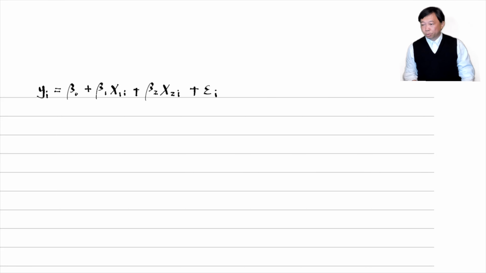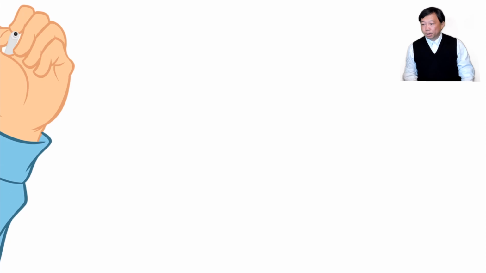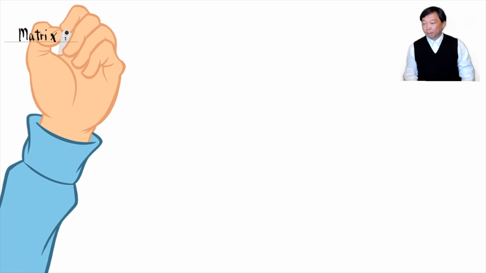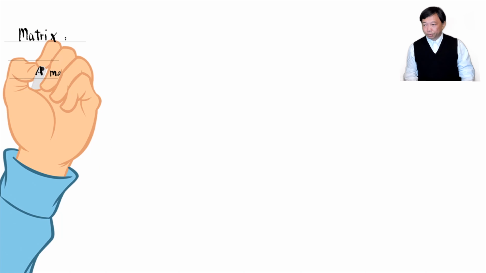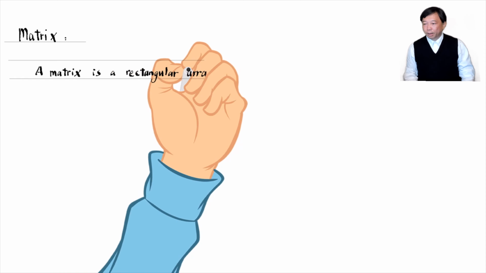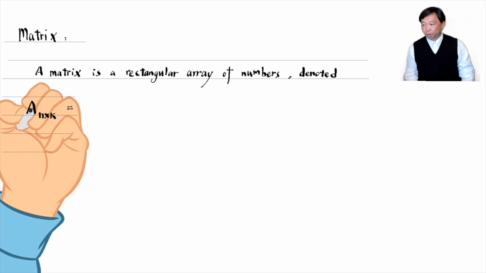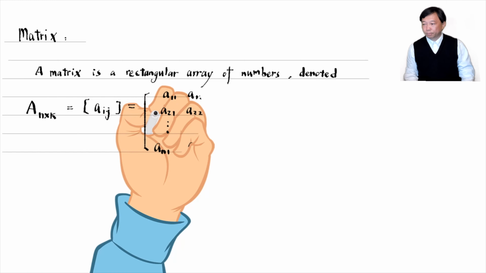If we want to represent all n observations in one expression, we can use the matrix form. Before that, let me briefly introduce matrix and vector. An n by k matrix has n rows and k columns.